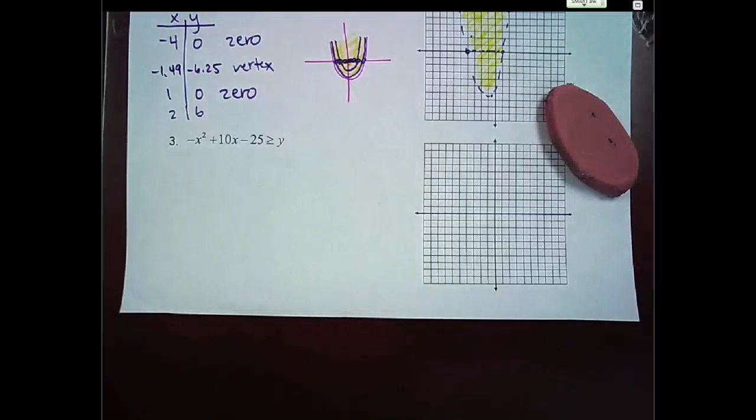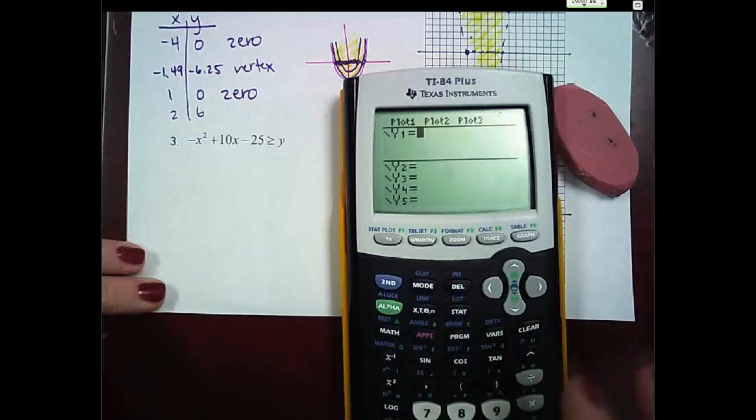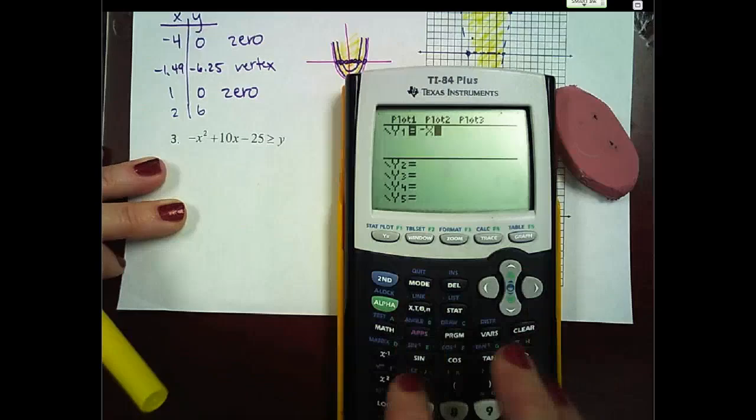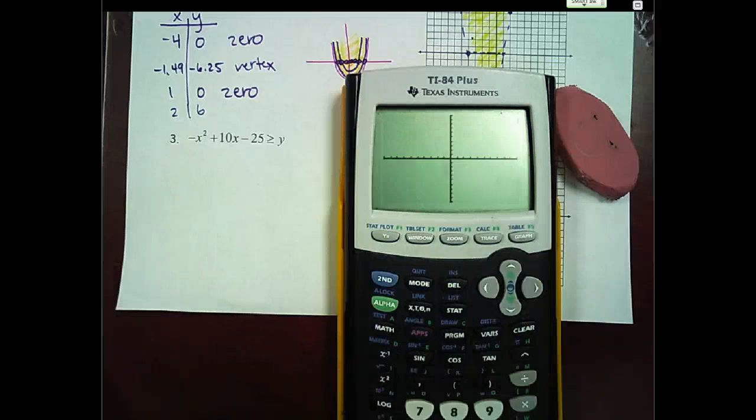Go to y equals and type it in. So you can have negative x squared plus 10x minus 25 and graph. Okay, so let's build a table.